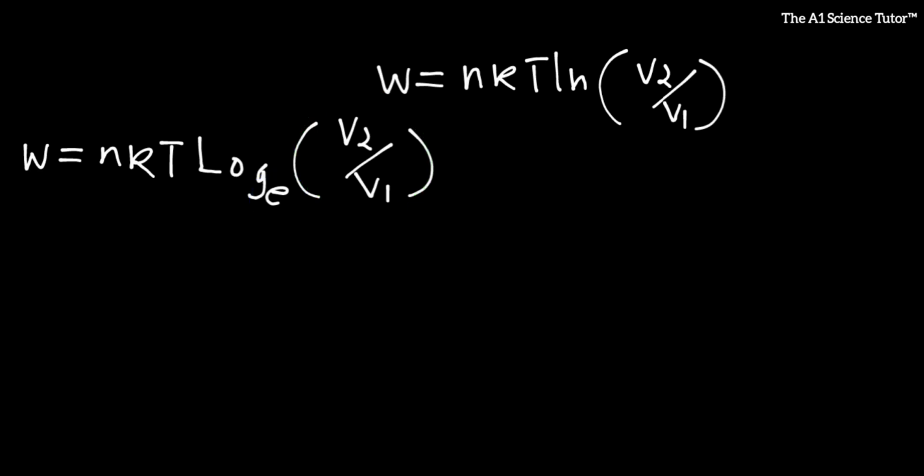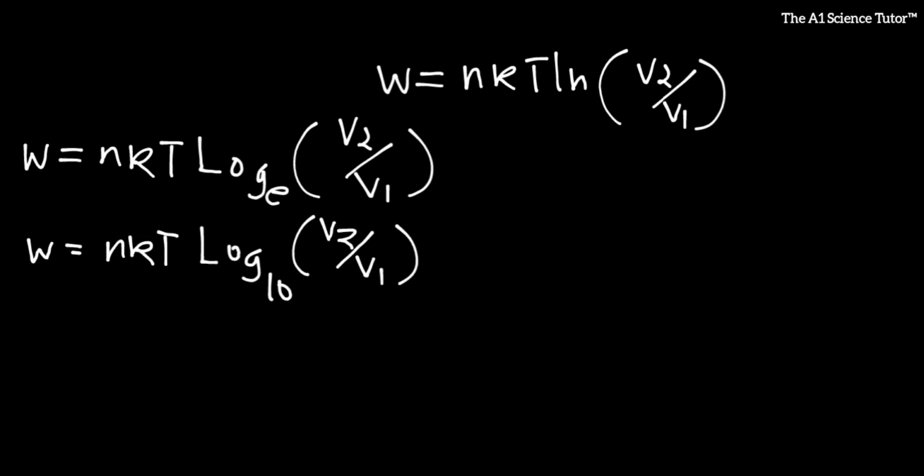What we're going to do is introduce the base 10. So this is what we're going to have: nRT, and here I'm going to have log to the base 10 of V2 over V1, and this will be divided by log to the base 10 of e. That is what you have.